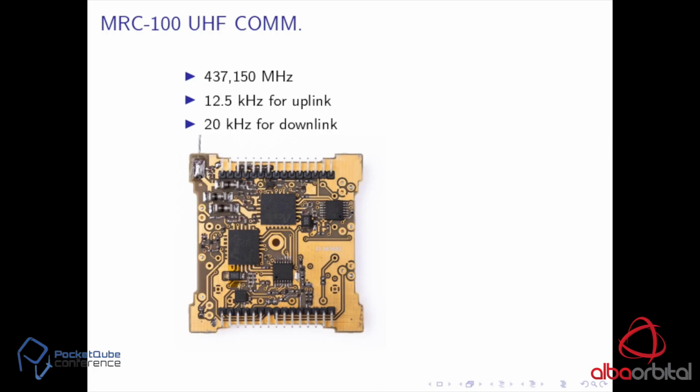So, the communication subsystem. On board MRC 100, we had 3 types of antennas. The first one is for UHF communication for telemetry and telecommand. The second one is a VHF quarter wave. And the third one is a patch antenna, for the S-band, to reach 1 megabit per second.